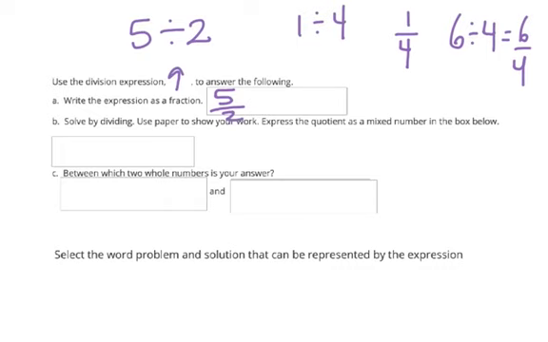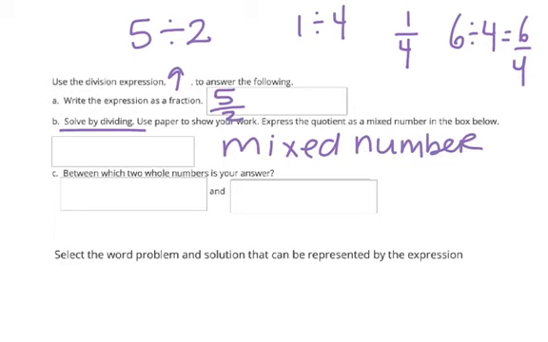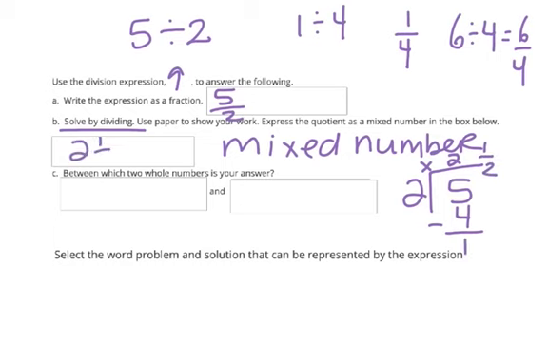Solve by dividing. So what I'm saying here is when you solve by dividing, you need to make this a mixed number. What is 5/2 as a mixed number when you do the division? 5 divided by 2 would be 2 1/2.